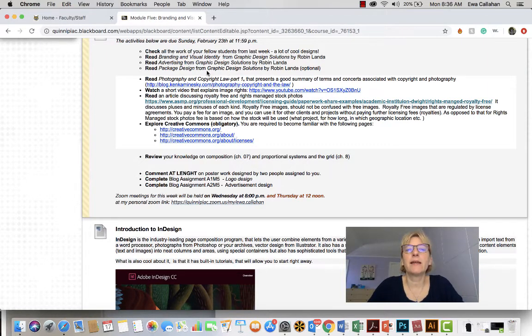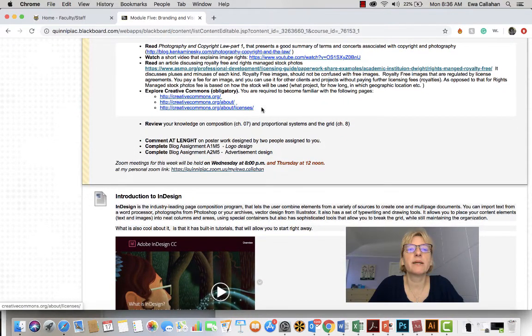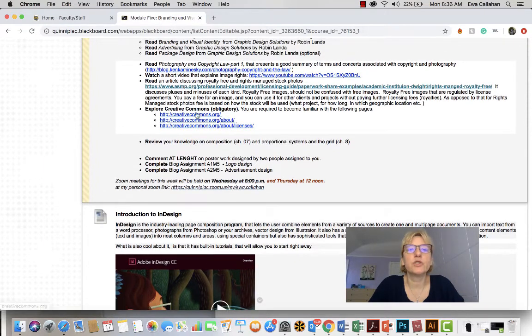So I would like you to read on copyright law and look into royalty fees, what are royalty-free and rights-managed stock photos. Familiarize yourself with those particular areas, and also explore Creative Commons. These are the issues I would like you to get deeper in, and we'll discuss them in Zoom more in depth.